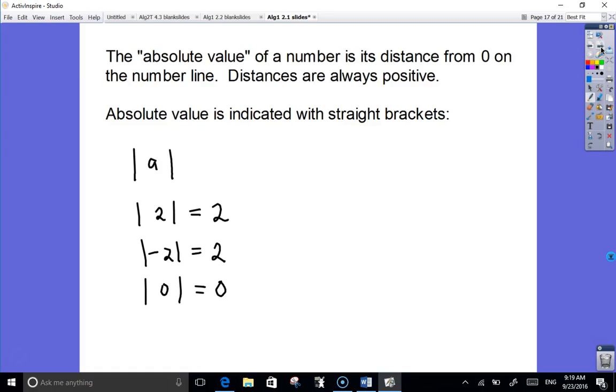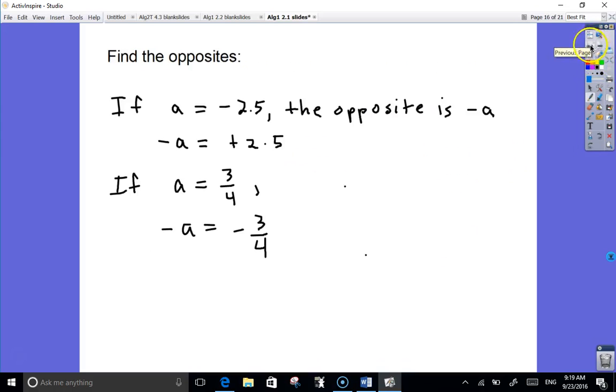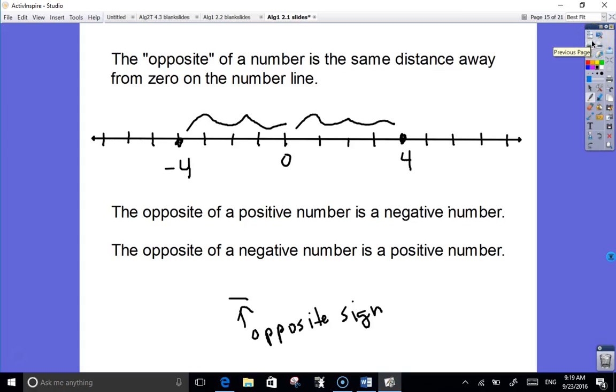So on a number line, let me go back to the last number line that I put up there. The distance from negative 4 to 0 is 4. The distance from 4 to 0 is 4, because you always take those as positive. How far is it from the middle?